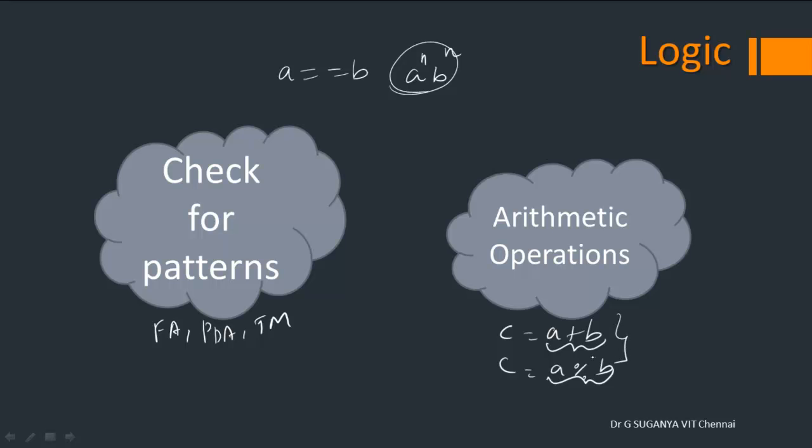That's the way the Turing machine has to be understood clearly, because this is not possible with finite automata or PDA, which is used only for pattern matching in the general case. Turing machine is actually the base for the computation model, wherein both pattern checking, which is the logical operation, and arithmetic operations are possible. So arithmetic unit plus logical unit is possible. So that's about the introduction to Turing machine.